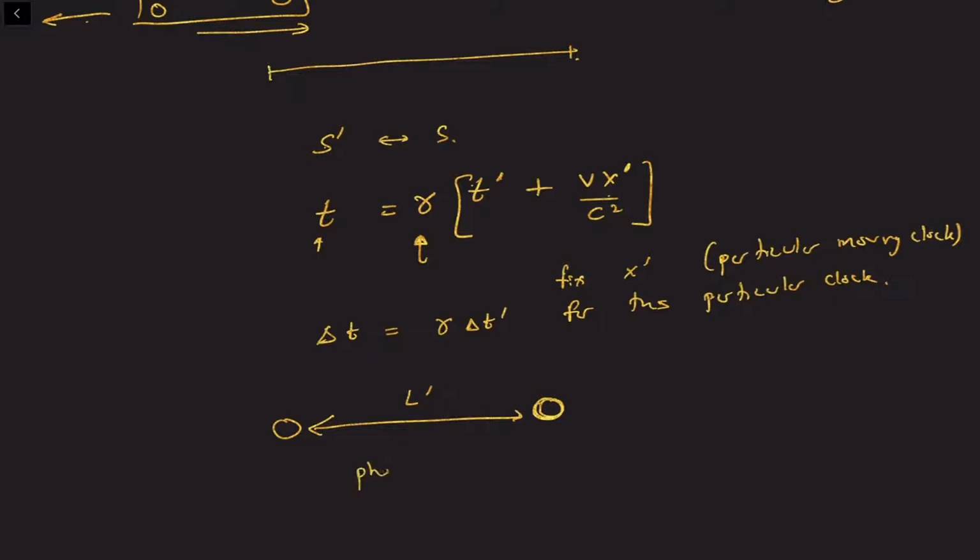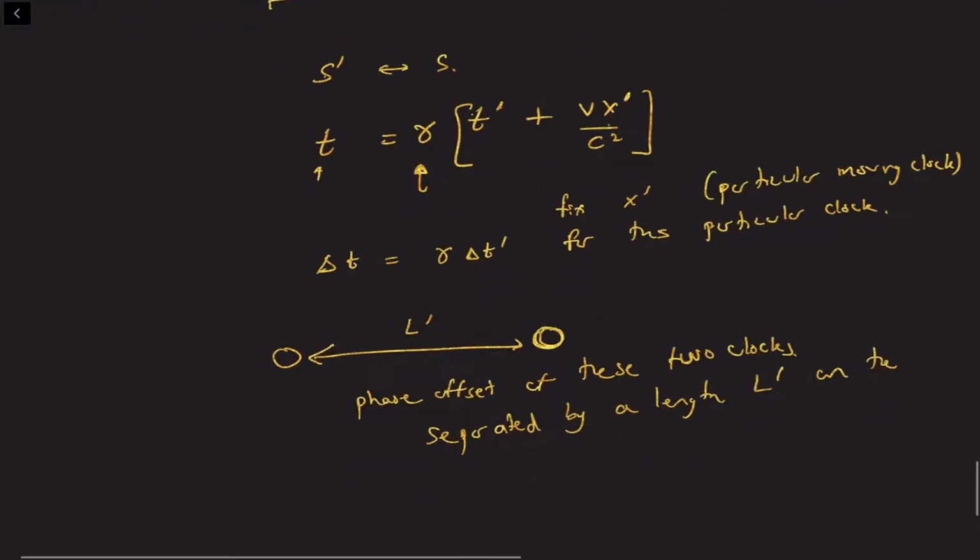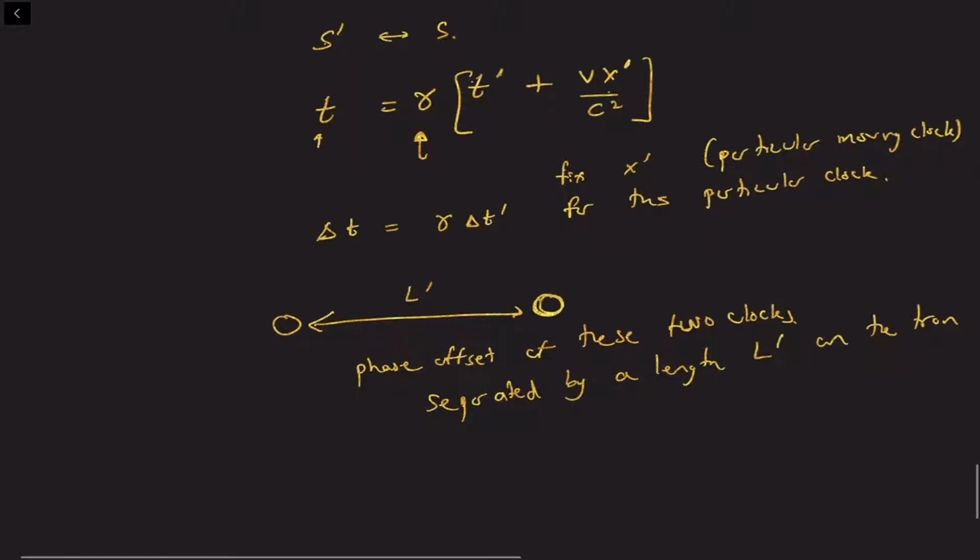So the phase offset of these two clocks separated by a length L prime, as measured on the train, would be a time difference delta t prime offset, which would be v times L prime over c squared.